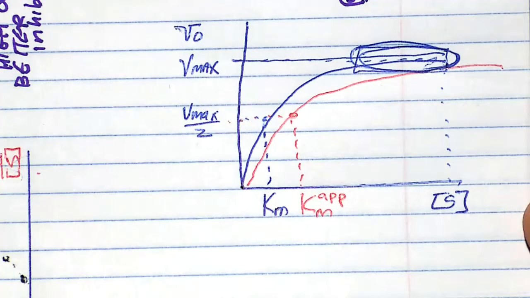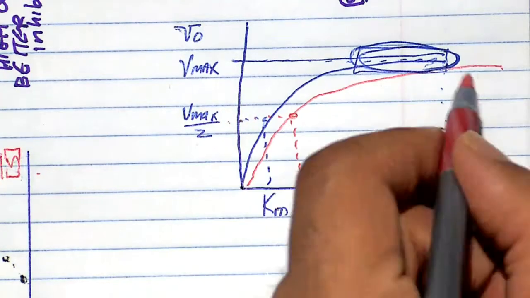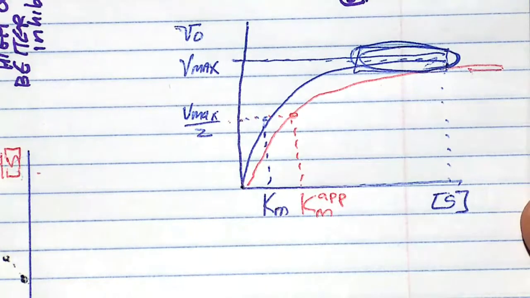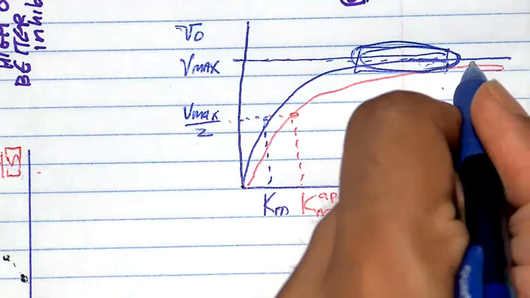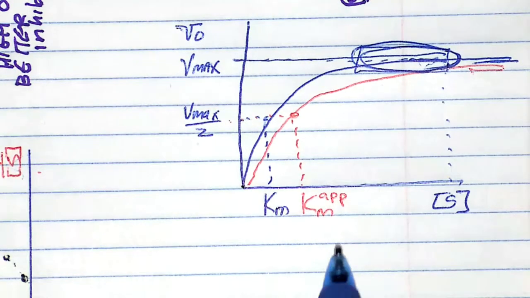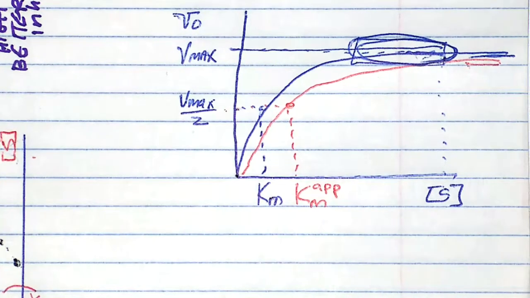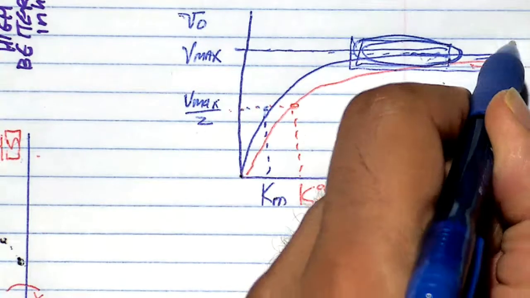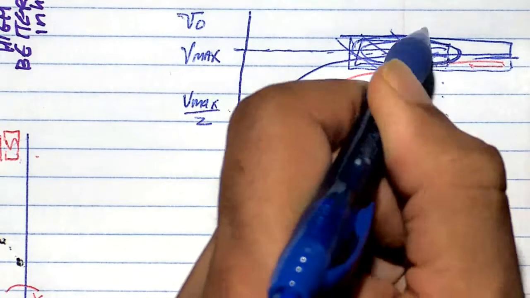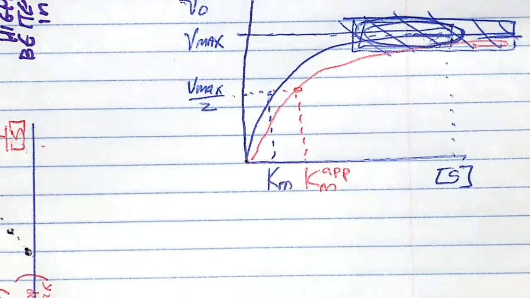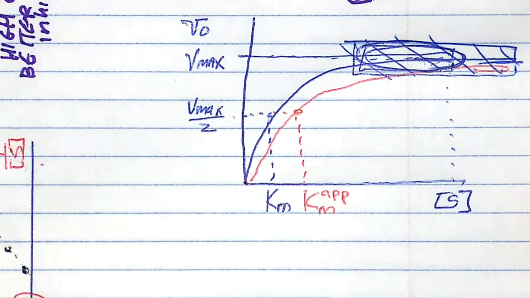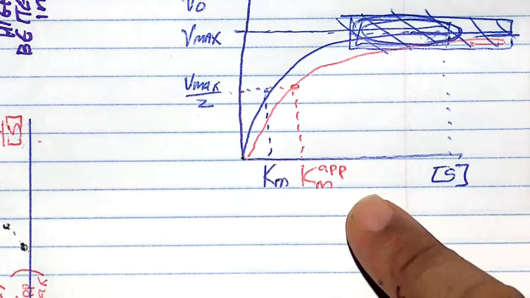You will still achieve Vmax, but you will achieve Vmax at a higher apparent Km. So the Vmax stays the same. You just add more substrate.